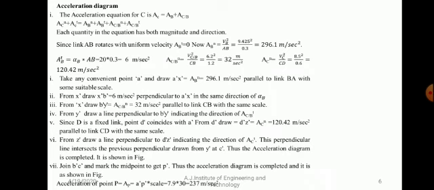Take any convenient point A. Draw x dash. Any convenient point A. Draw AX, which is nothing but a_AB, 296.1, parallel to the link BA.